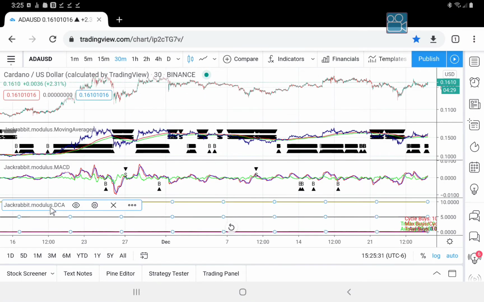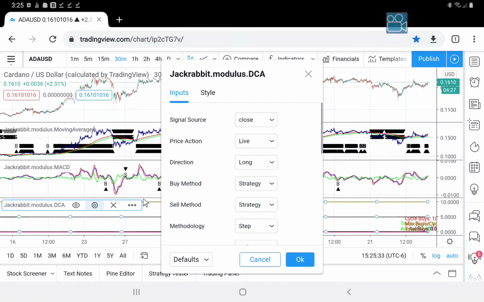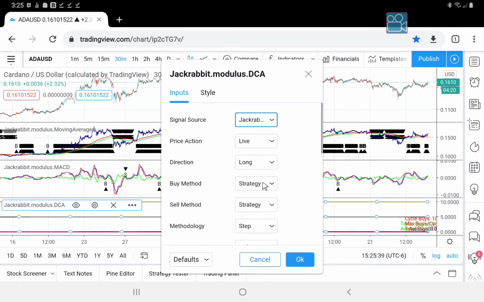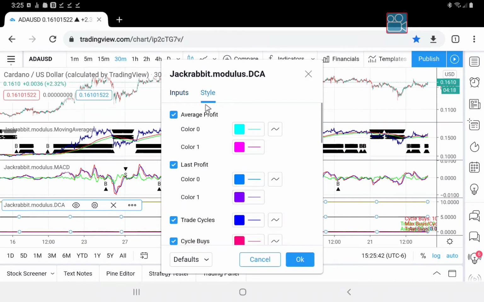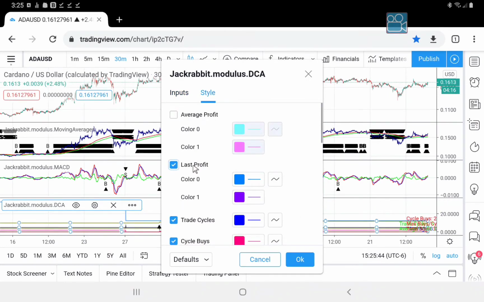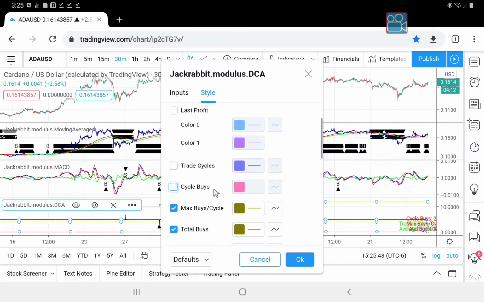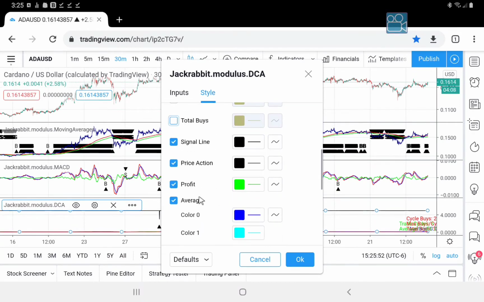We're going to link it to the MACD. And we're going to turn off all of the unnecessary stuff on the chart. That way we get a nice, clean looking chart that we can follow.